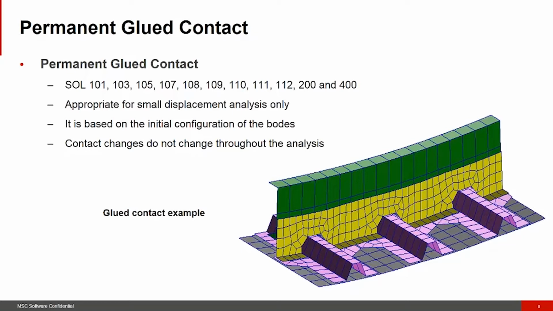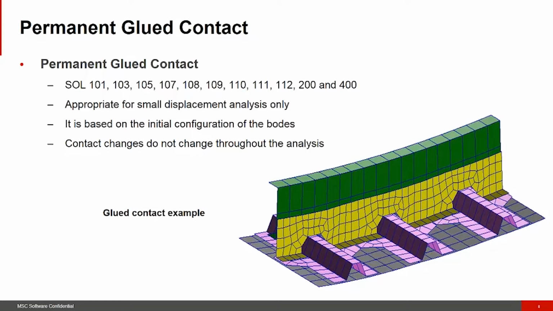When using the permanent glue, the initial configuration is used to determine the contact constraints. So there's no iteration, and the contact change does not happen. Once the status of the contact is determined, it's going to keep that throughout the analysis. And one important option to note is that with the permanent glue contact, the parts have to be in contact originally.